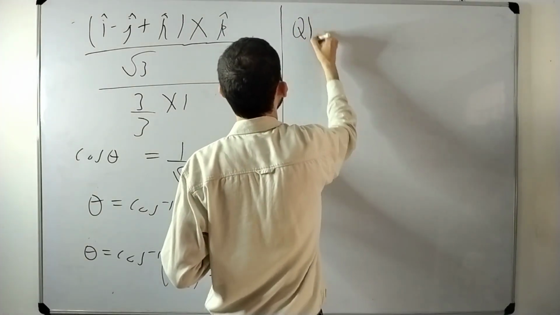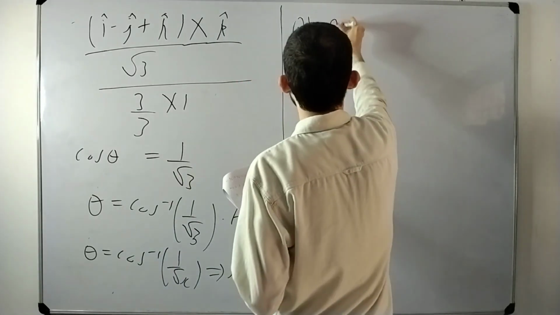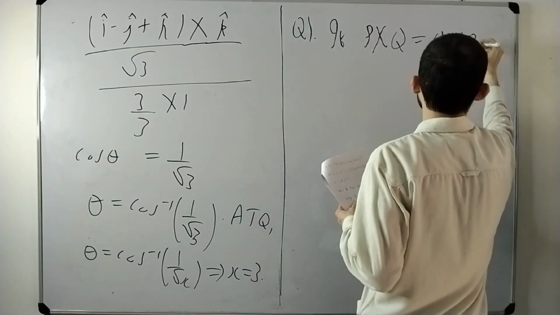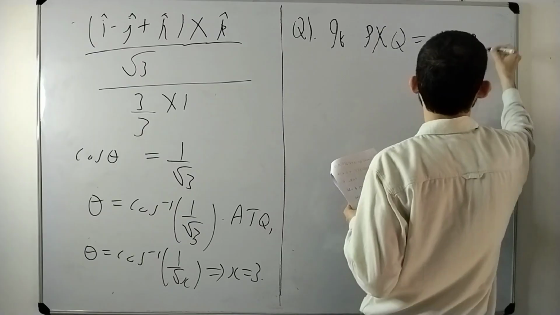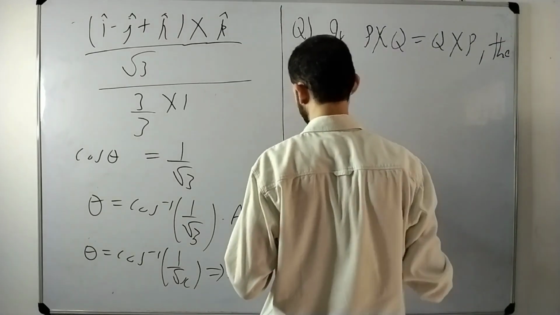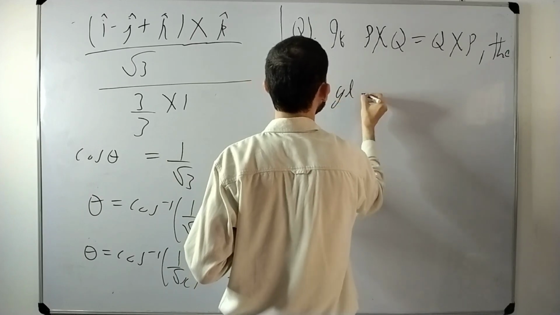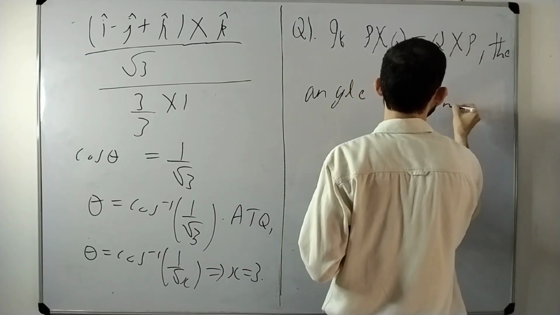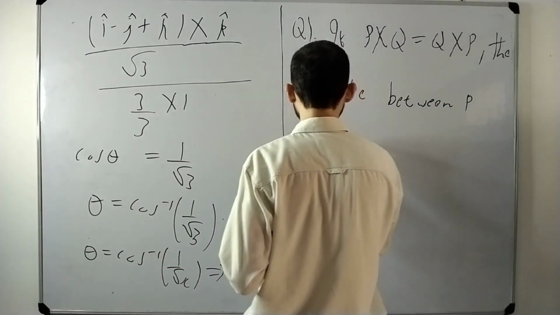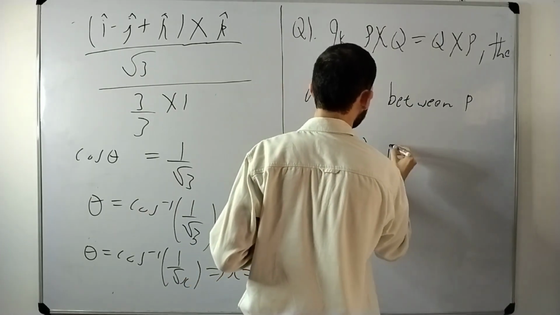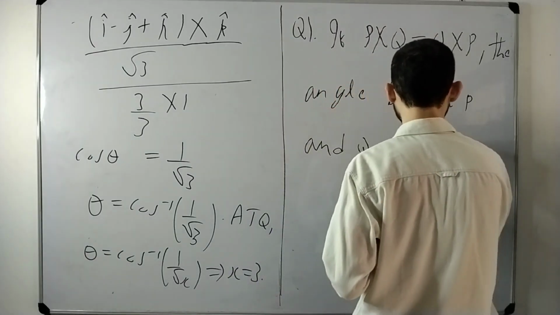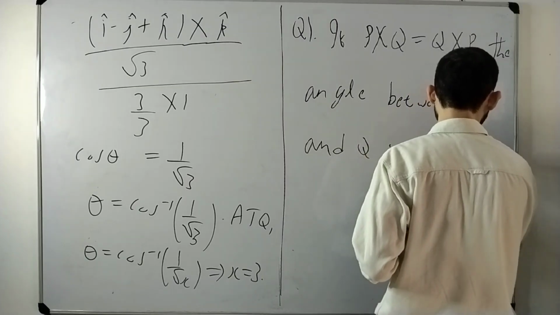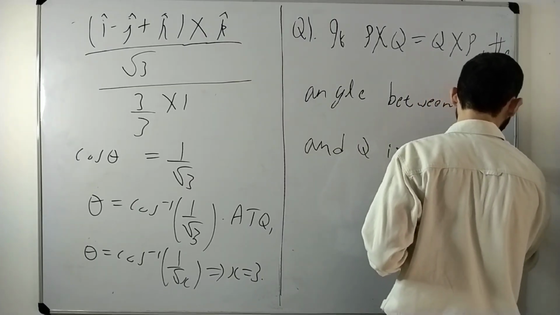So, question: if P cross Q equals Q cross P, just one needs to work hard. The angle between P and Q is theta, 0 to theta to 360 degree.